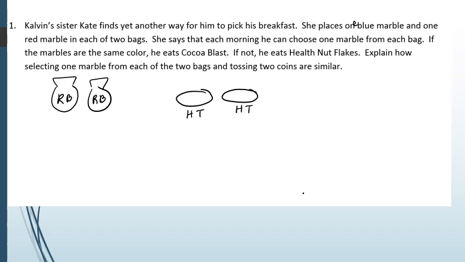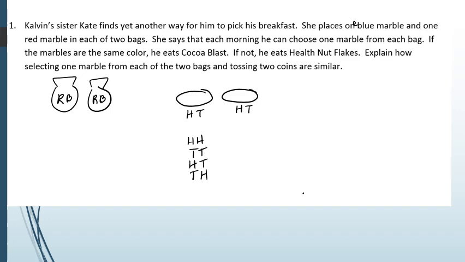Well, hopefully today in class you saw that when we flip 2 coins, there are 4 possible outcomes. We could get heads and heads, tails and tails, heads and tails, or tails and heads. And hopefully with your teacher today, you talked about how those are 4 distinct outcomes. And so we're actually equally likely to get a match as well as getting a no match.